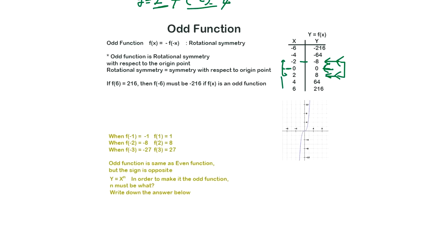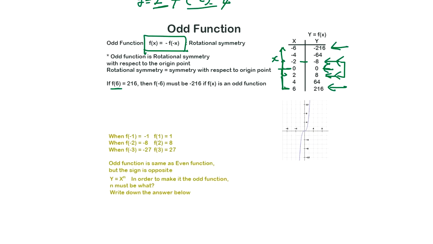So distance here, remember even function, if it's the same distance from 0 x value, then y is the same. But odd function means the sign is opposite. So a little bit more complicated than even function. So we write f(negative x) equals negative f(x). For example, right?